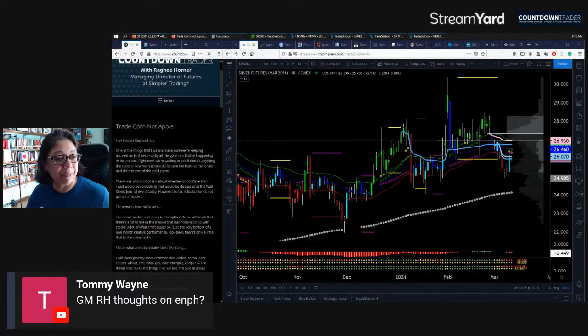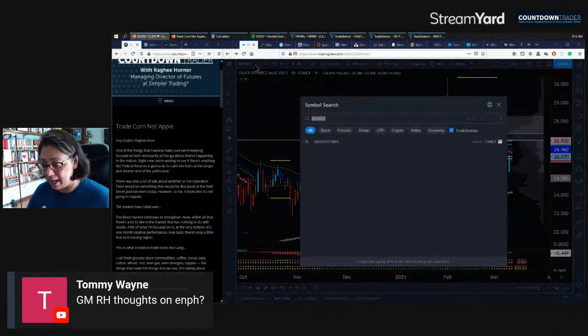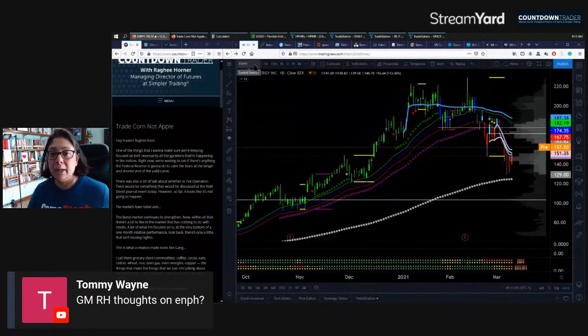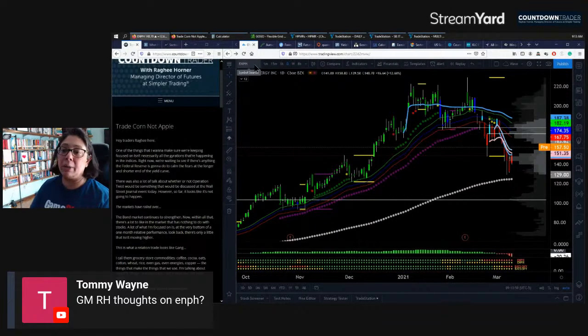All right. Next up, thoughts on ENPH. Yeah, I don't like the structure, right? When we take a look at what's happening on ENPH, we look at the fact that it's broken the double green, it has broken the 55 EMA and the wave, and it's got quite a few red grab candles.